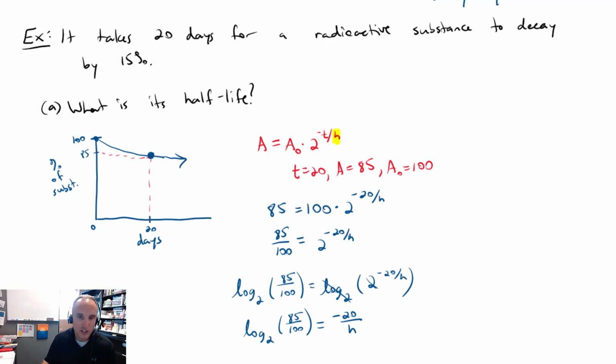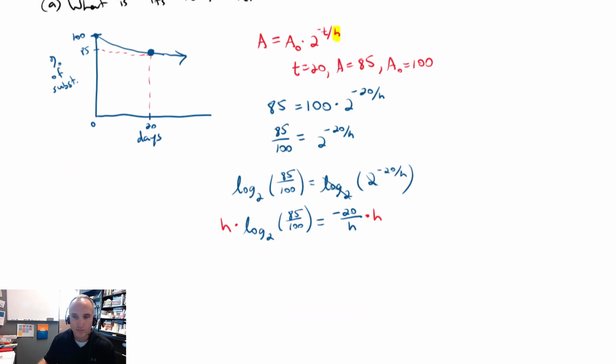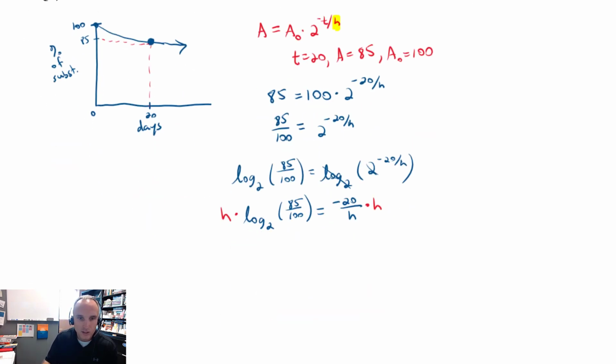And since I've got a fraction, I'm going to multiply both sides by H. So the right side turns into negative 20. The left side is H times log base 2 of 85 over 100. And now to get H by itself, I'll just divide by the log base 2 of 85 over 100.